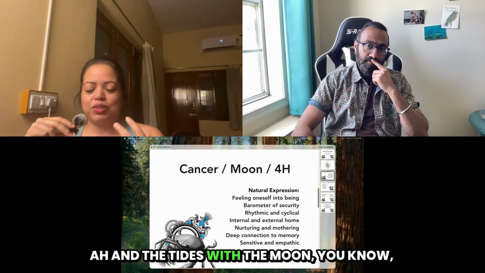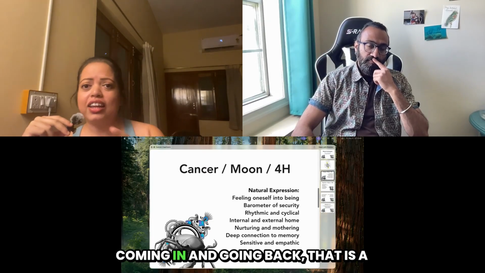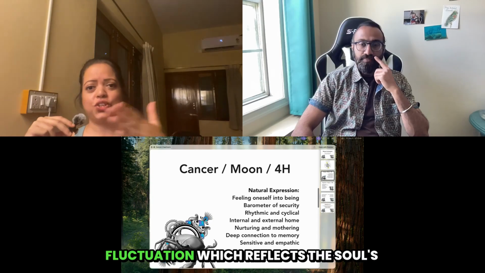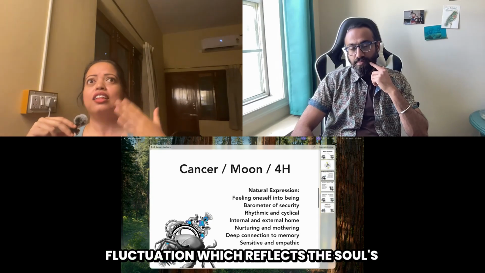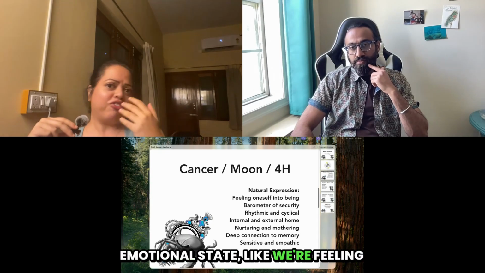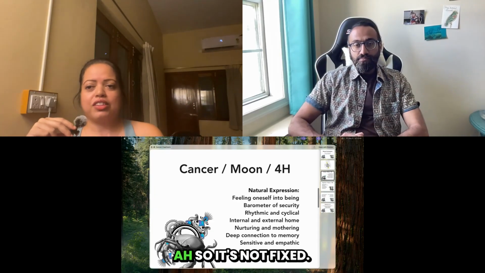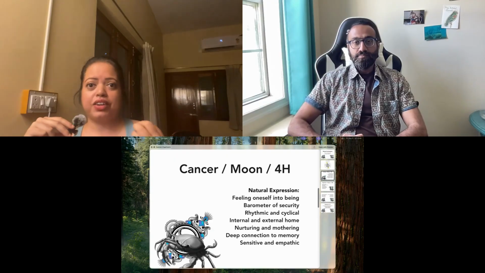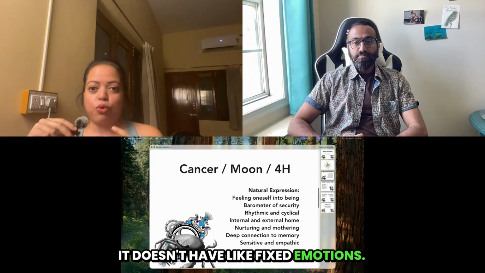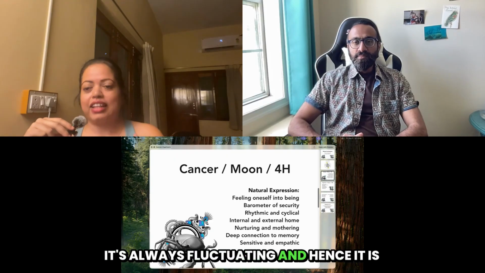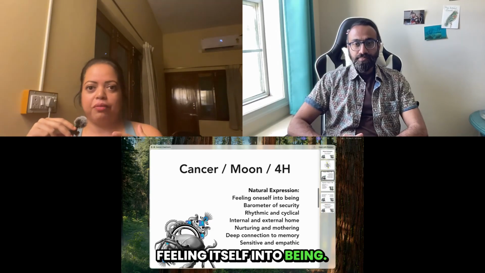And the tides with the moon are coming in and going back. That is a fluctuation which reflects the soul's emotional states. We're feeling something one moment and something else the other moment. So it's not fixed. It doesn't have fixed emotions. It's always fluctuating, and hence it is feeling itself into being.